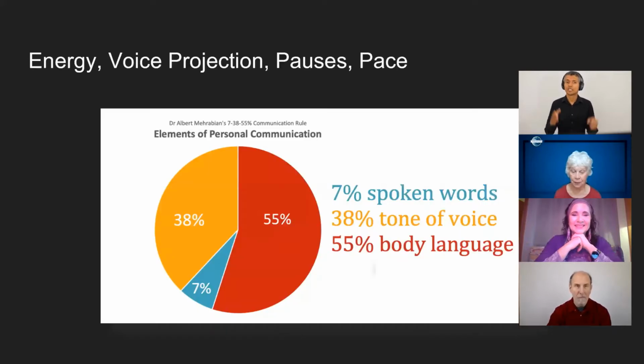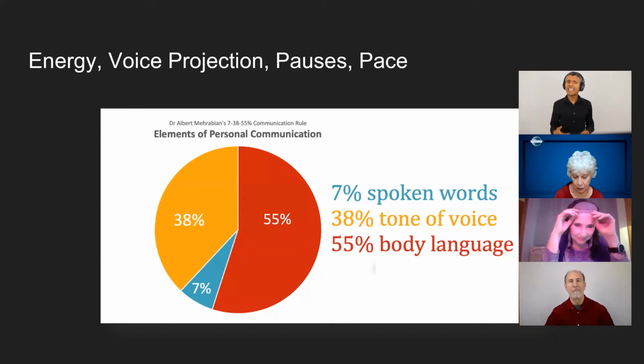Tone of voice. When I saw this graph, I was like, wow, tone of voice has 38%. Our communication happens 38% through tone of voice and 7% through words. That is a big number. I've seen presenters like Dennis Dawson or Solarzar, whenever they take the stage, they kind of wake me up.